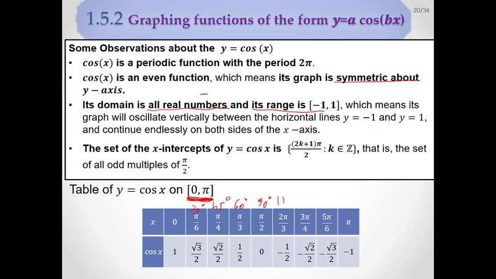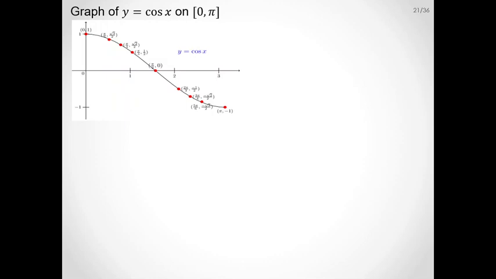And this will be like 120, 135, and 150. By using the reference angle, you can find them. And this one, by the unit circle, you can find, here 180. Now the rest you can do with the reference angles, and you will see cosine is positive in the first quadrant and negative in the second quadrant. Then when you plot these points on the graph, you will have such a thing.